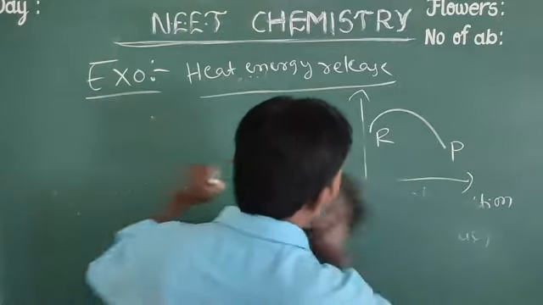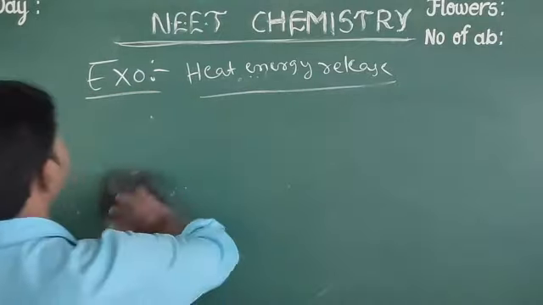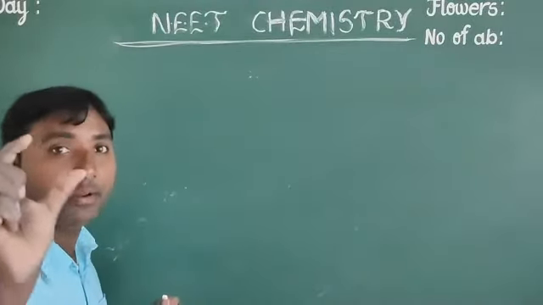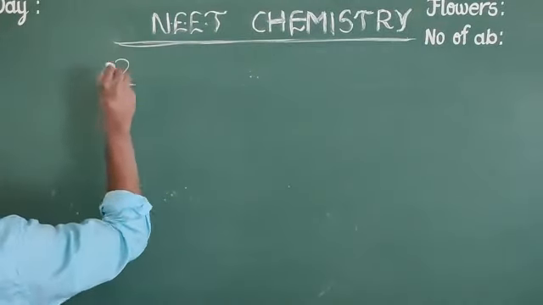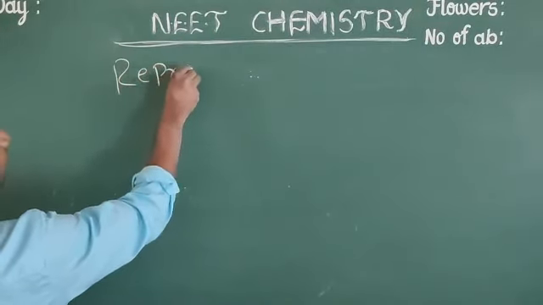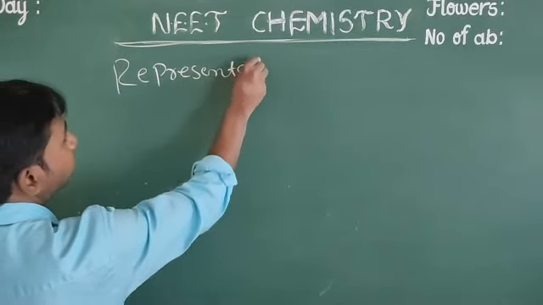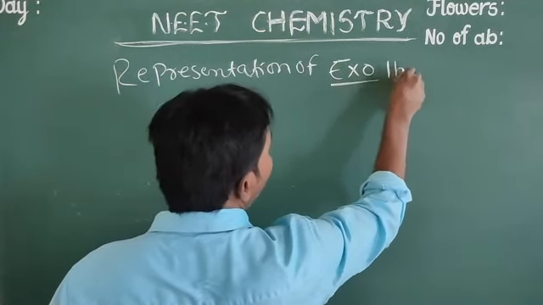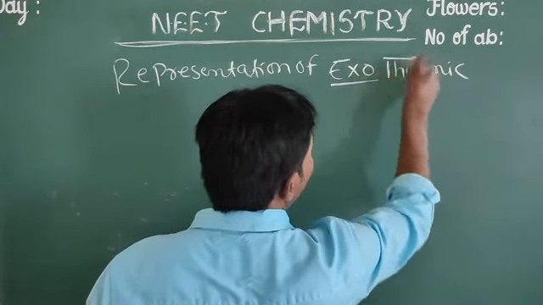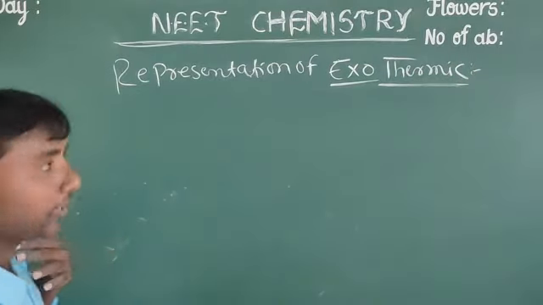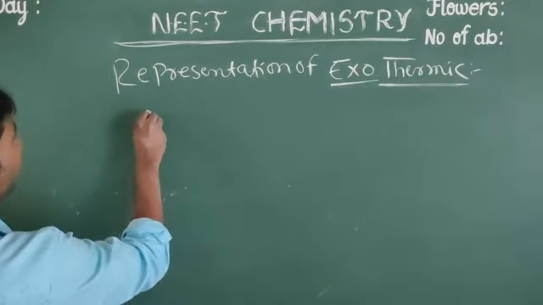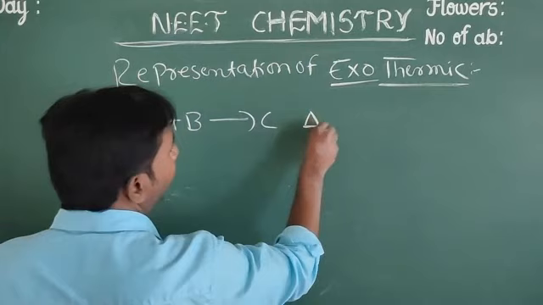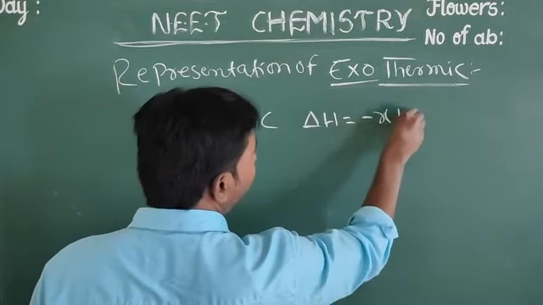Then next one, representation of exothermic. Representations are very important, so for calculation sums they are very important. Representation of exothermic: A plus B gives C, del H equal to minus X kilocalories.